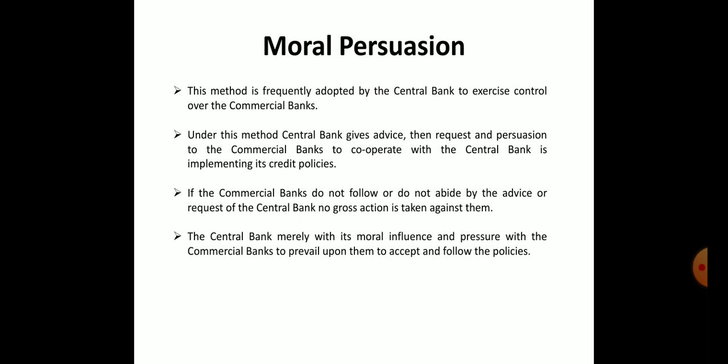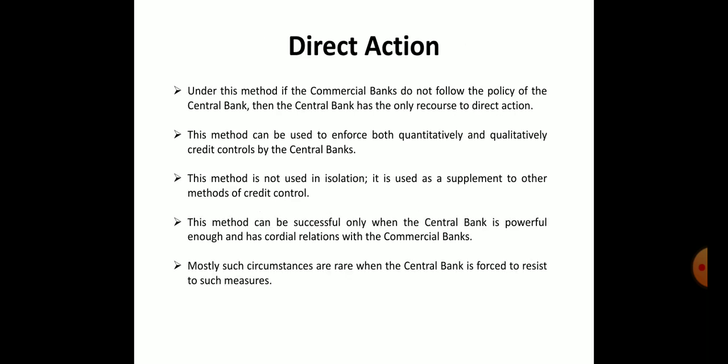If the commercial banks do not abide by the advice or request of the central bank, no gross action is taken against them. The central bank merely uses moral influence and pressure on commercial banks to prevail upon them to accept and follow the policy.